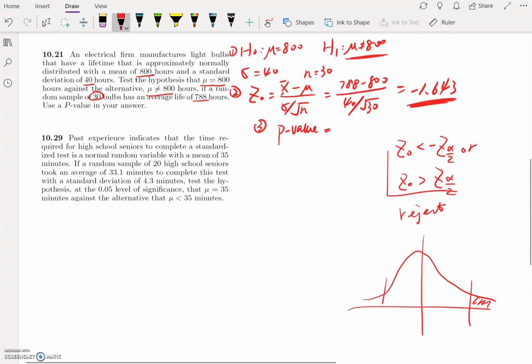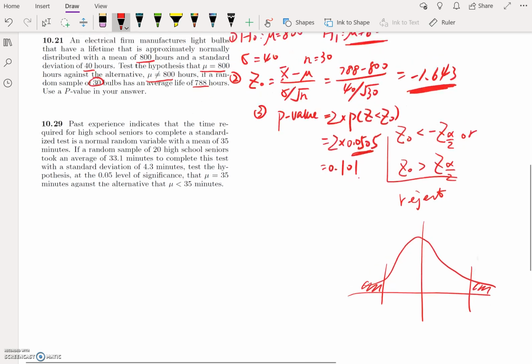So this part and this part. And so the p-value is 2 times P(Z less than z0), because it's a negative value here. So it equals 2 times 0.0505. You can find this number in the normal distribution table. It equals 0.101. In this problem, we don't have a significance level, so we do not have to draw a conclusion.